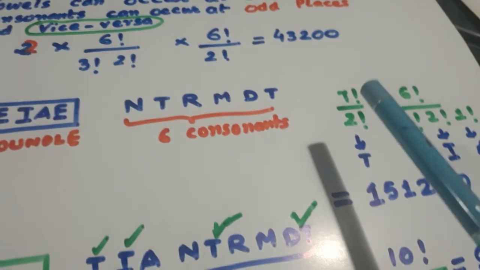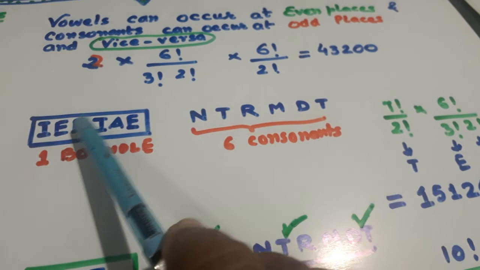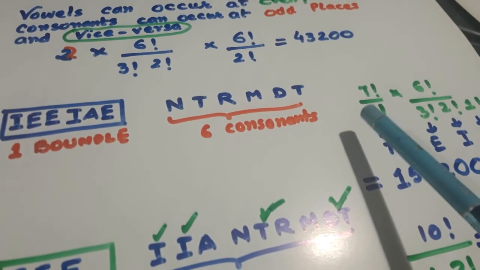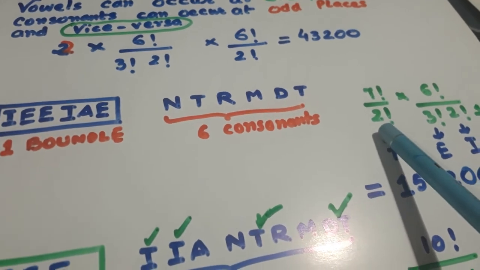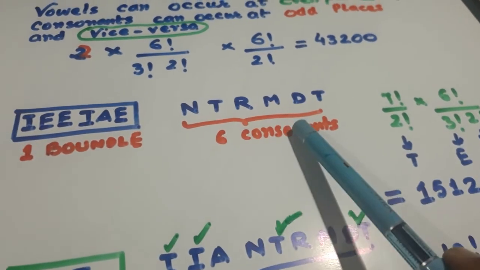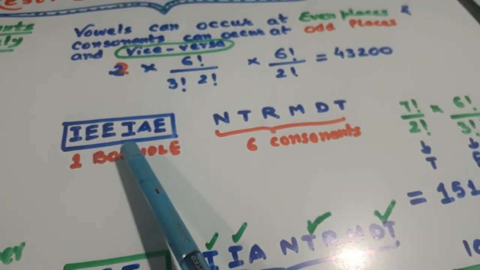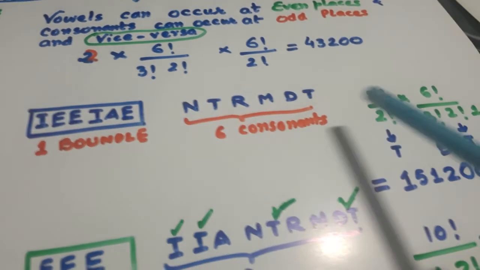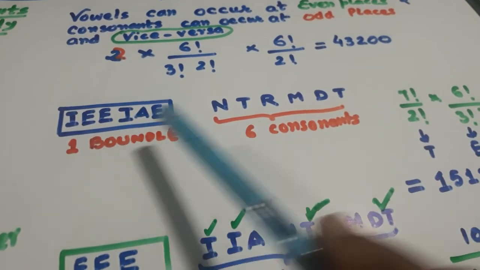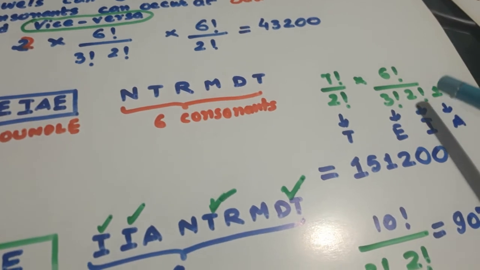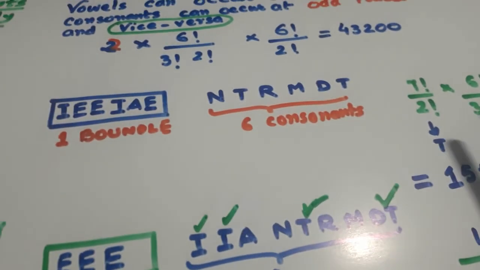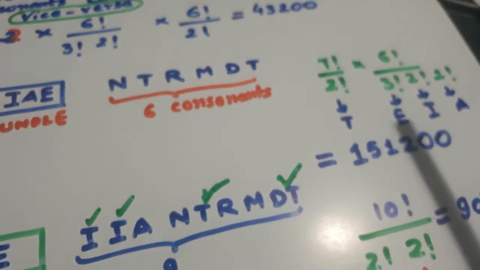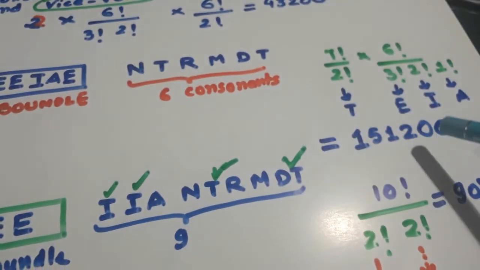So 7 factorial divided by 2 factorial, 2 T's are there. And in the case of the vowels, these are 6 factorial, there are 3 E's, 3 factorial, 2 I's are there. So we have to write it like this.